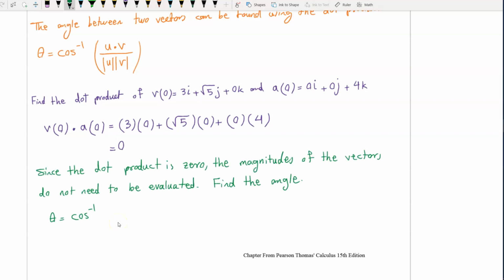So the dot product is equal to 0, and because of that, we don't need to find magnitudes, because here we're going to have arccosine of 0 divided by any number, which is 0. So theta is equal to arccosine of 0, theta is equal to pi over 2.